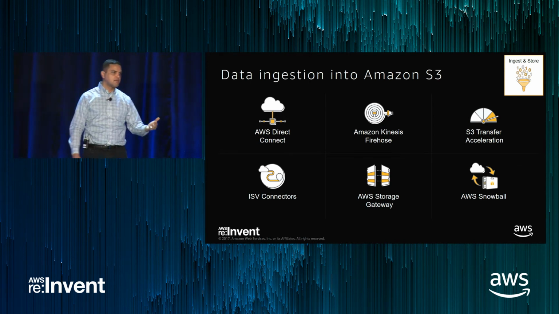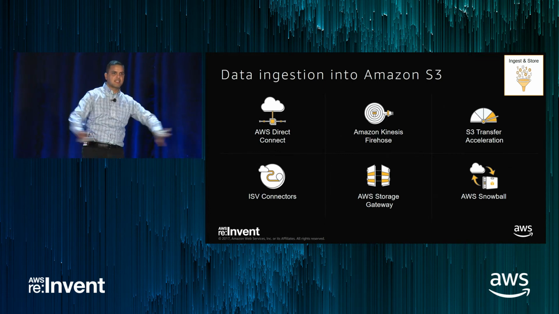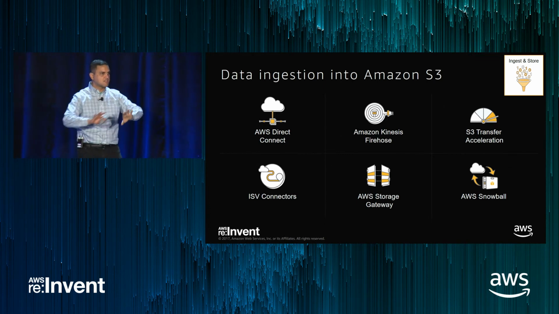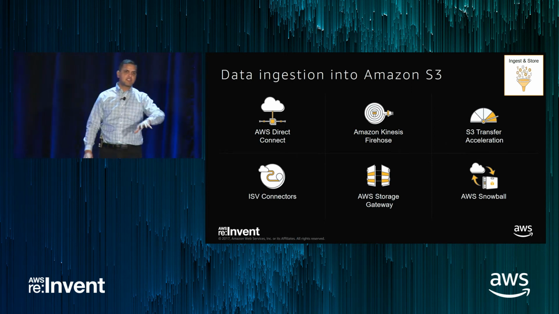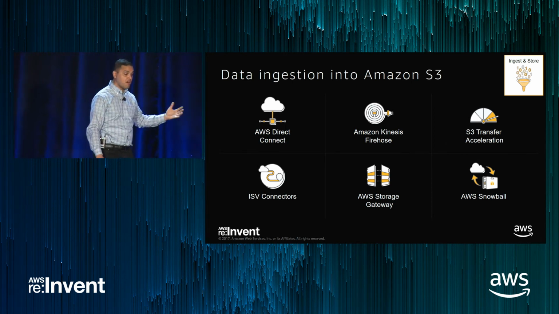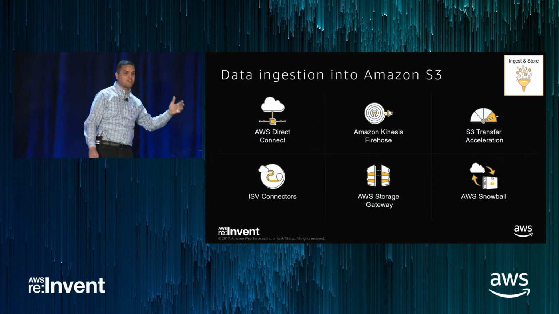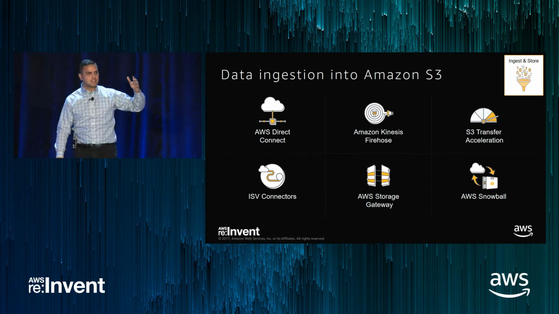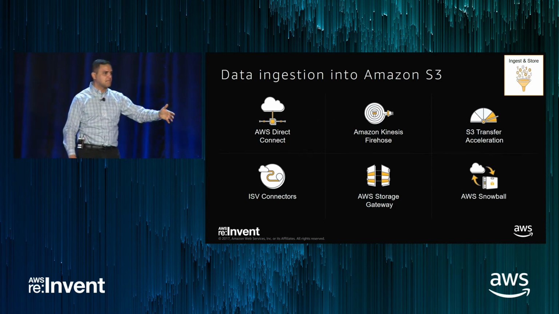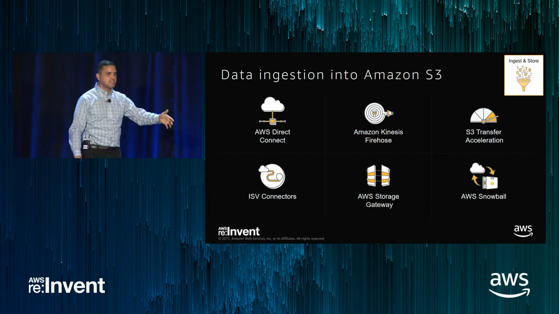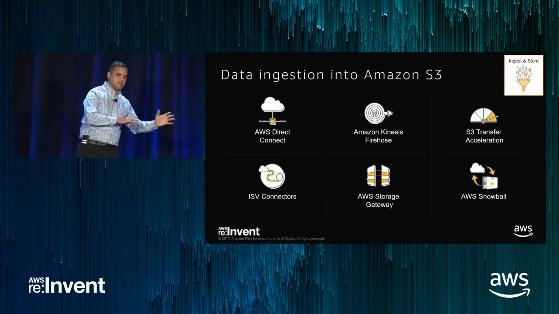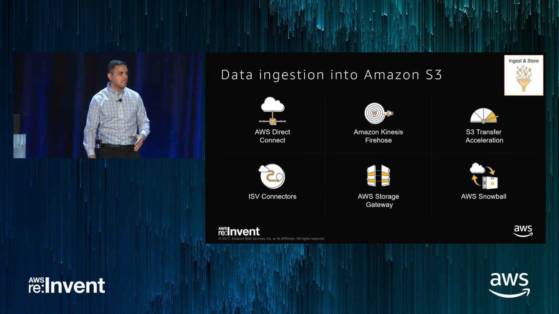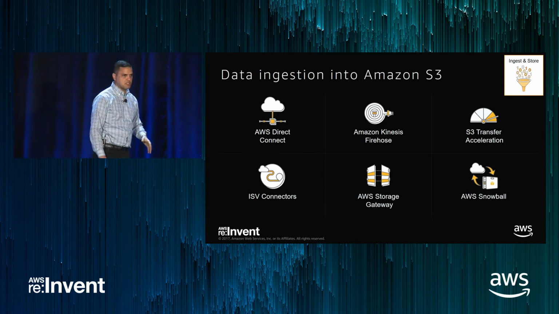And then Snowball, if you have a totally disconnected environment that has no connectivity to internet or very, very low bandwidth, you can actually have Amazon deliver you a server, a hardened server, that can survive explosions and host up to 50 terabytes or even 80 terabytes of data at once on that Snowball device and get that in batch into Amazon. And you can order as many Snowballs as you like.